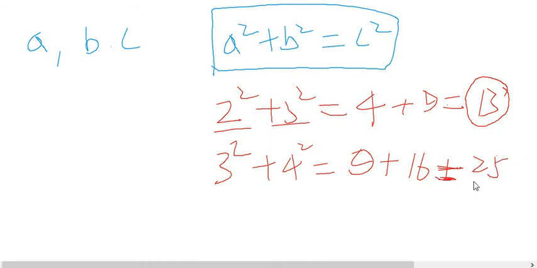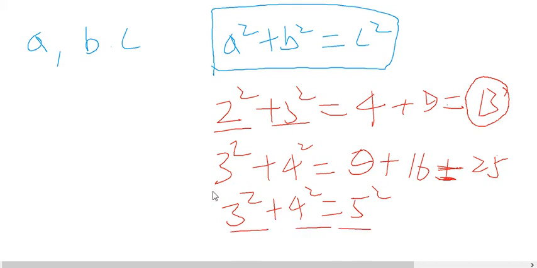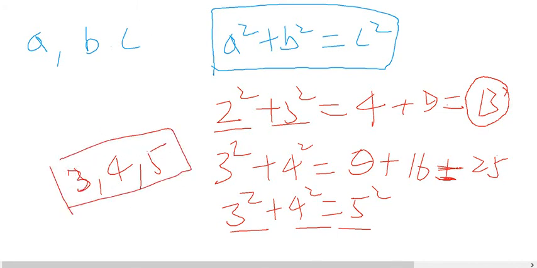But 25 is the square of 5. So 3 square plus 4 square is equal to 5 square. And so 3, 4, and 5 are Pythagorean triplets.